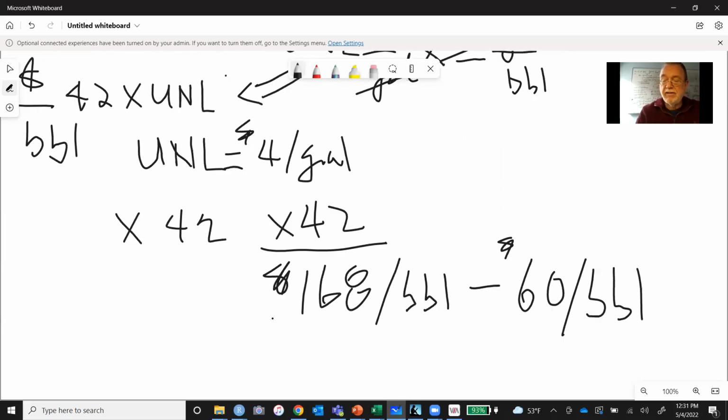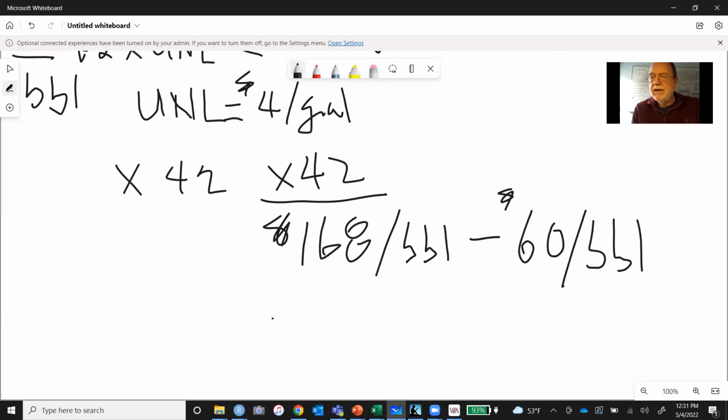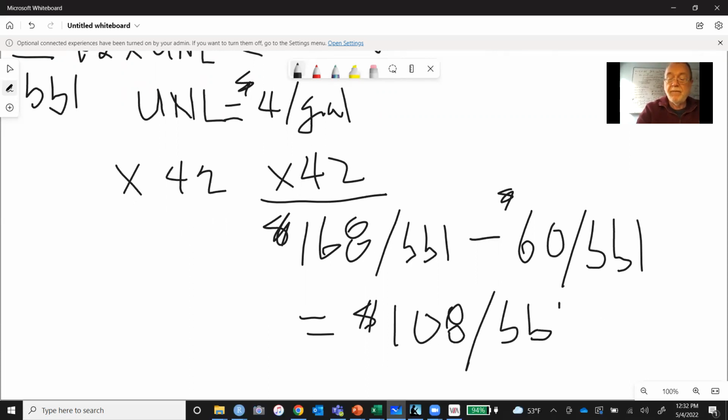So the spread, which is a measure of the activity inside of the refinery, delivery to a demand, arrival of a supply input, it's the spread. And in this case, the spread would be equal to, per barrel, 168 minus 60, $108. That's quite a spread, huh?